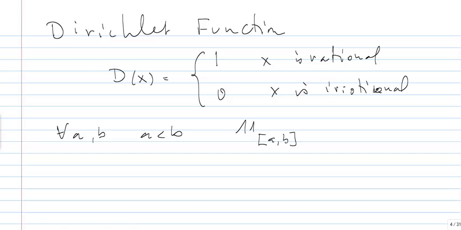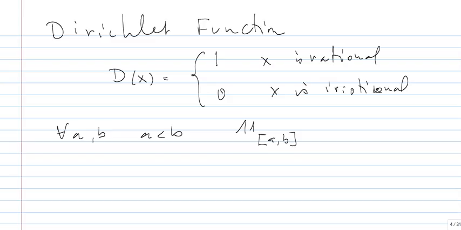You're going to have a problem, because when you cut, the minimum of this function on this interval, little m, will be 0, while the maximum will be 1. So the lower sum is going to give you 0, the upper sum will give you 1, and on any interval there is no way you can get the lower sums and the upper sums closer by refining your partition. And that's why this function is not Riemann integrable.